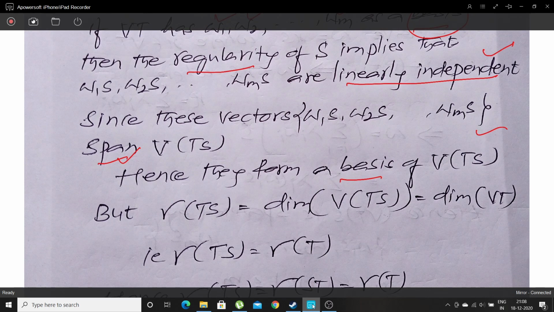But what is gamma of Ts? Gamma of Ts means, by definition, the dimension of V of Ts. This is equal to the dimension of Vt. What does it indicate?